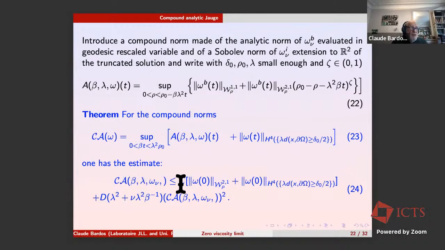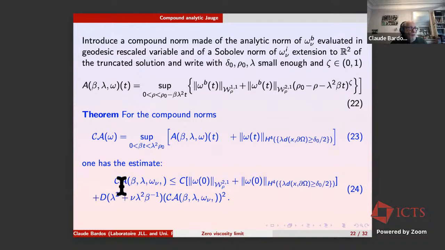that this quantity is bounded by C0 in omega 2, 1 plus omega 0, 4, just what is given by 24, which is a nice quadratic estimate because you have the initial data, you have a coefficient, and you have this quantity squared. And that will tell you that if the initial data, which I call the compound norm, is small enough, then over time x of t is less than a constant a plus a coefficient that multiplies x squared.